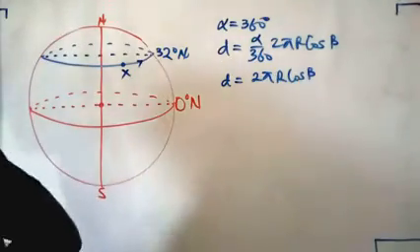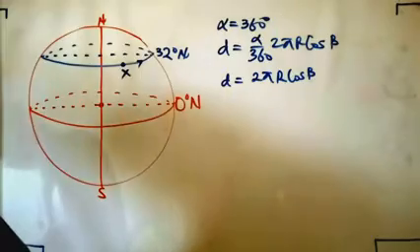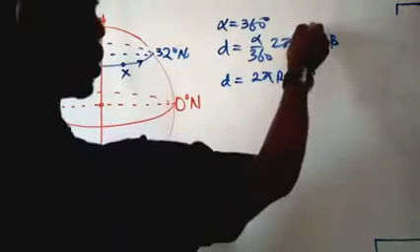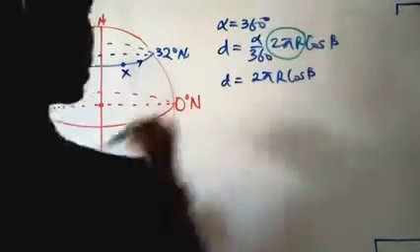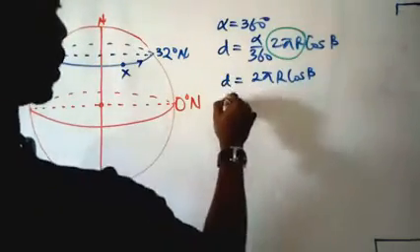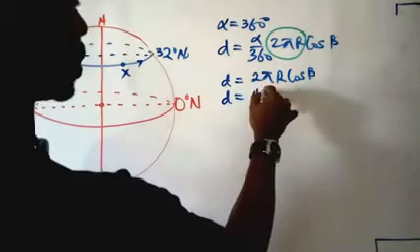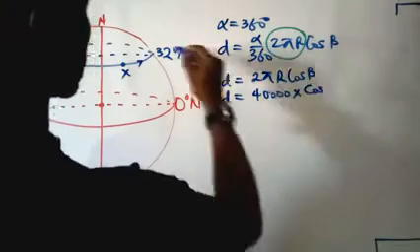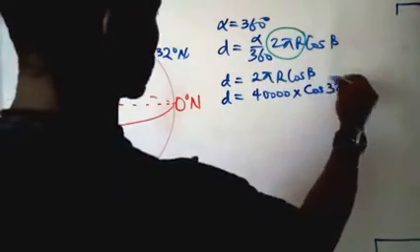Now slotting in everything that we have and still using 40,000 for this to ease our calculation, we're going to have the distance here to be 40,000 times cos 32 degrees.